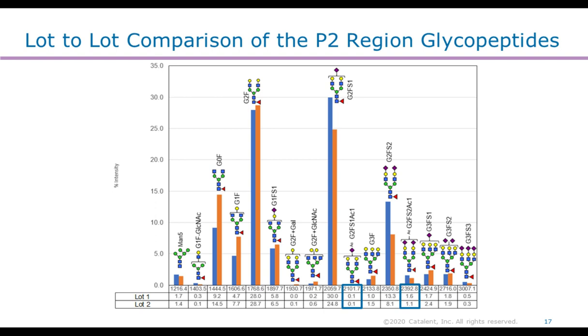So for example, we can see that site P2 is dominated by more mature complex N-glycan structures compared to site P1. This suggests that P2 may be more surface exposed than P1, or conversely that P1 may be more sterically hindered than P2. And indeed, P1 corresponds to the conserved N-glycan site found on all IgG1s, the Fc region that you'll see. It is well known that this conserved site is sterically hindered.